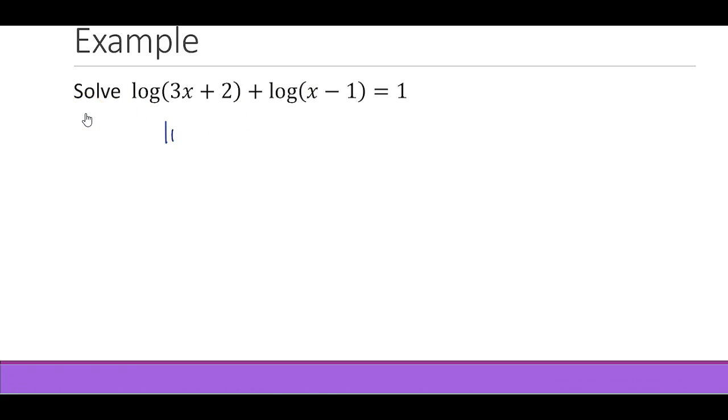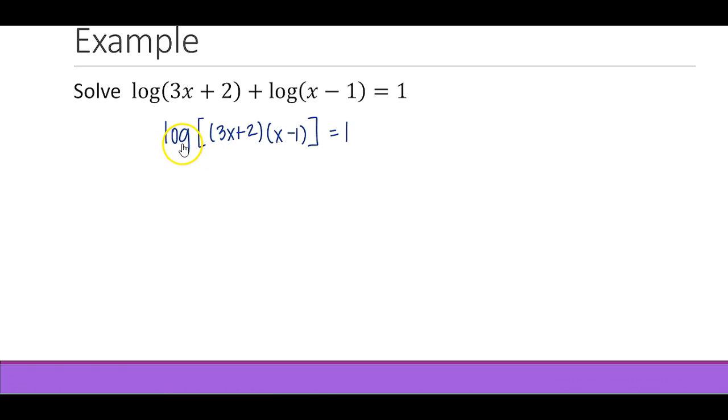This left side will turn into log of the quantity 3x plus 2 times the quantity x minus 1 is equal to 1. So whenever I have logs with the same base and they're added together, I multiply the inside of each log together to form one log with the same base.